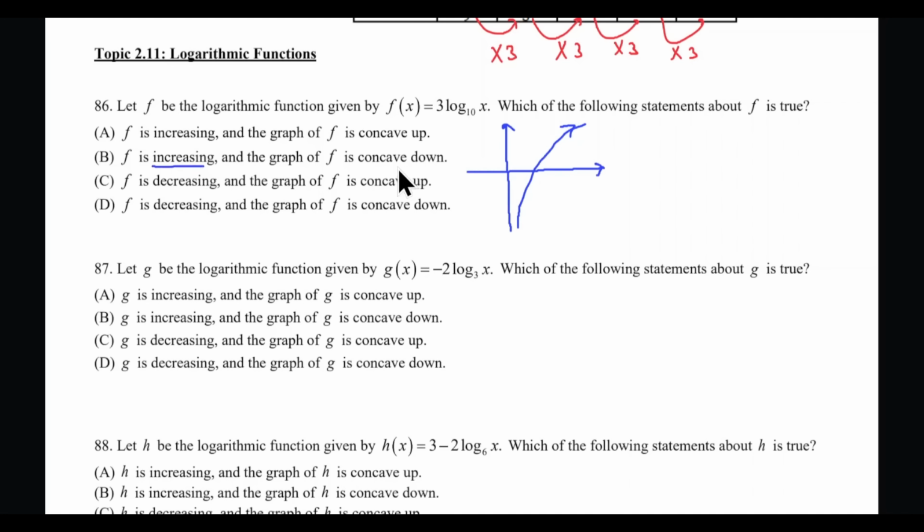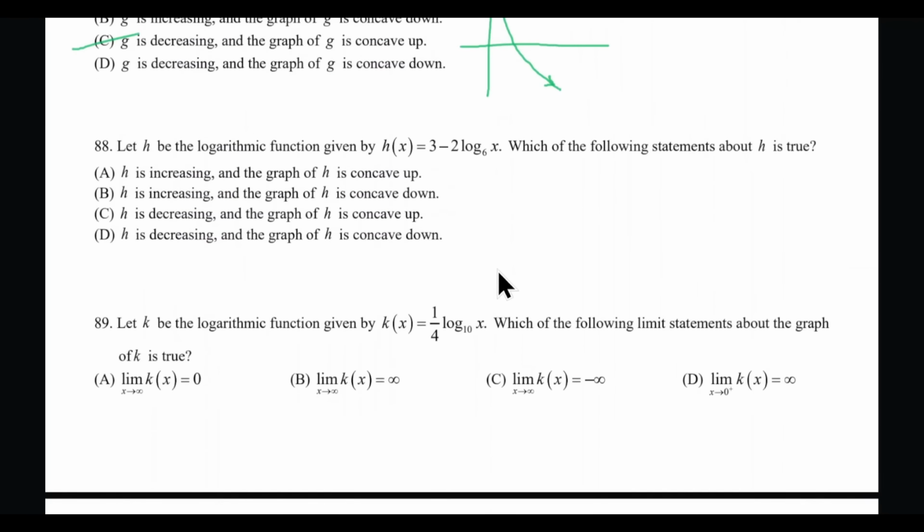So increasing and concave down, B. This one, of course, looks like the blue one, but the negative flips it about the x-axis because that's a reflection. So that's just going to look like this one, which is decreasing, of course, going down, and smiling. So decreasing and smiling will make it decreasing and concave up, which is C.